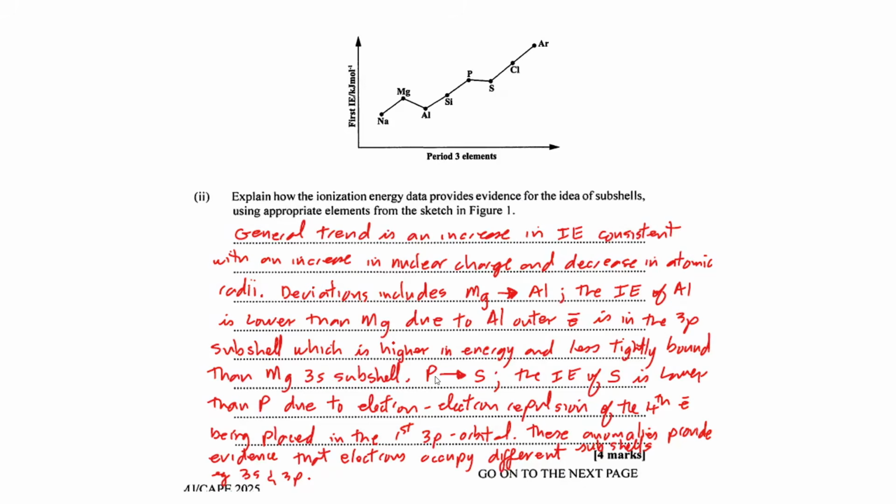For phosphorus to sulfur, the ionization energy of sulfur is lower than that of phosphorus due to the electron-electron repulsion of the 4th electron being placed in the first 3p orbital. These anomalies provide evidence that electrons occupy different subshells, example 3s and 3p.